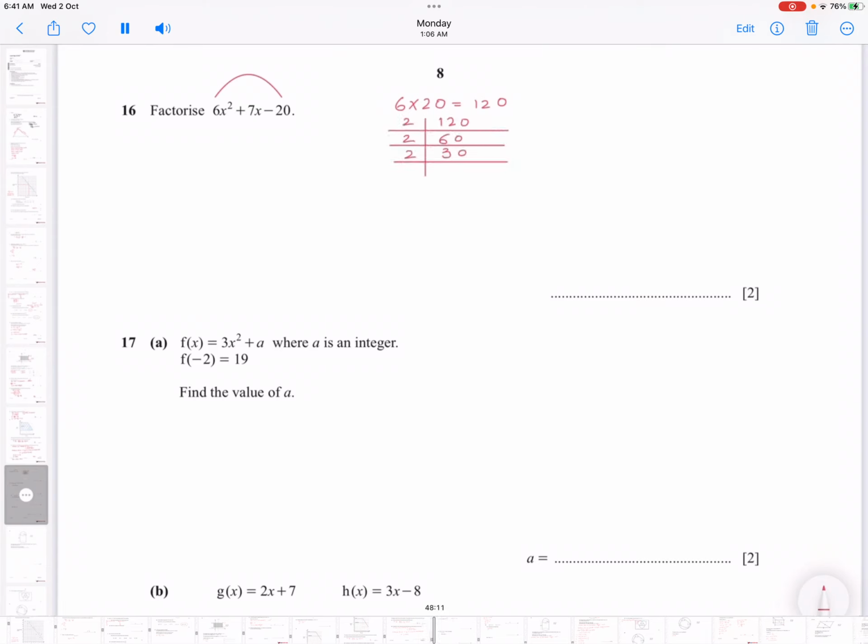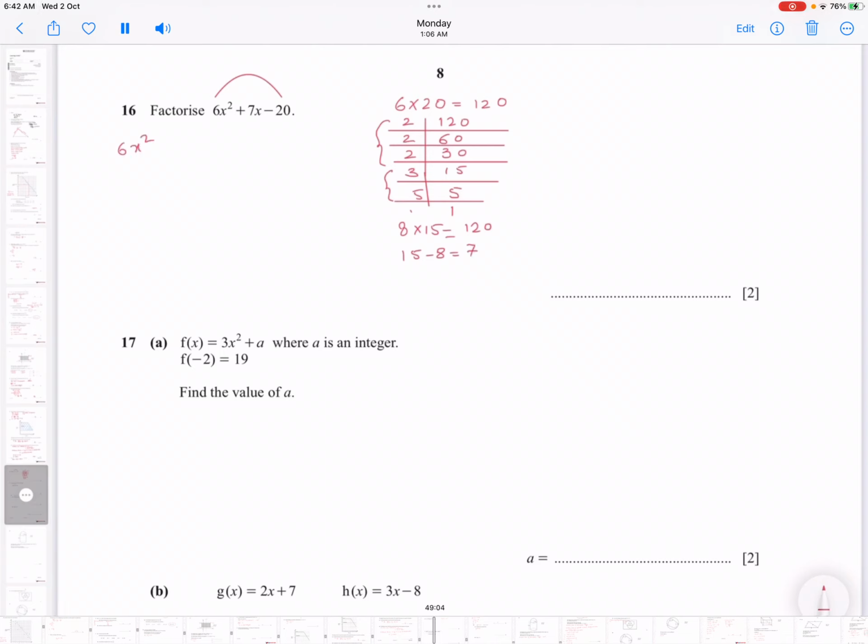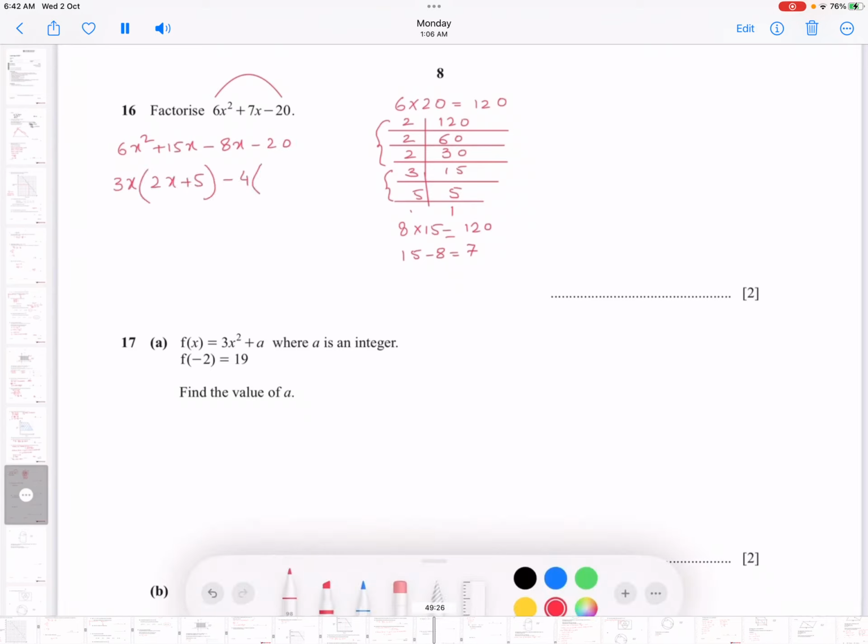So take the LCM of 120. So if I try 2 into 2 into 2 and then 3 into 5, so this is 8 into 15, which makes 120, and 15 minus 8 gives us 7. So use 15 and 8 in the middle by writing x with them. Take common values and make brackets. So you get 3x minus 4, 2x plus 5.